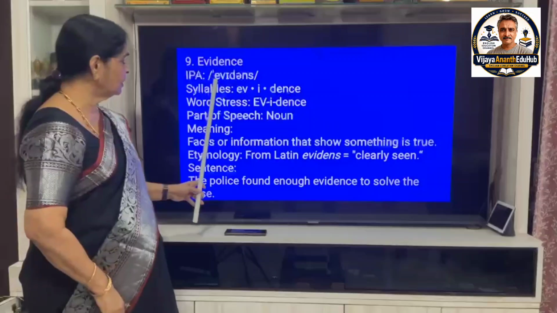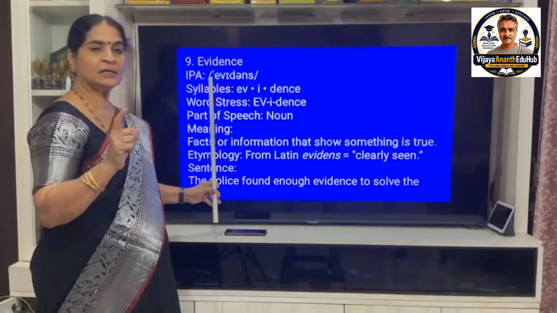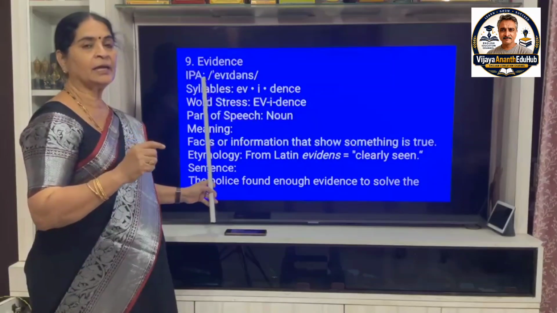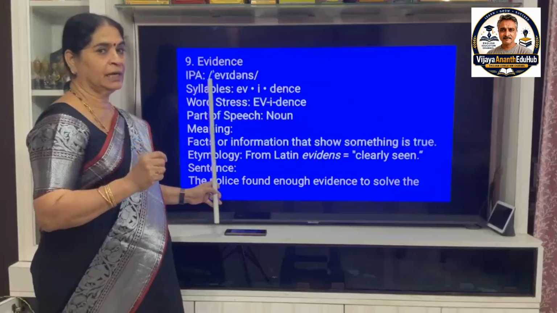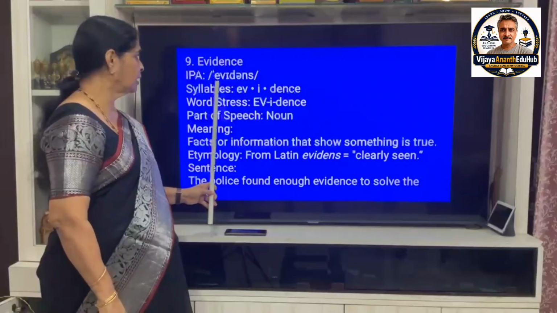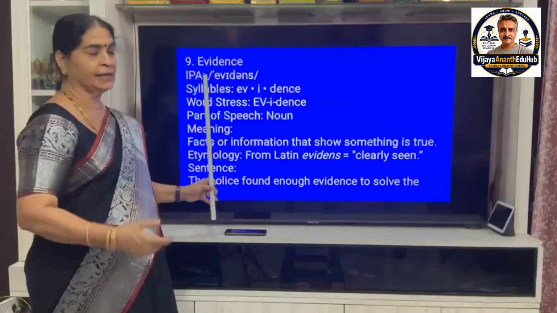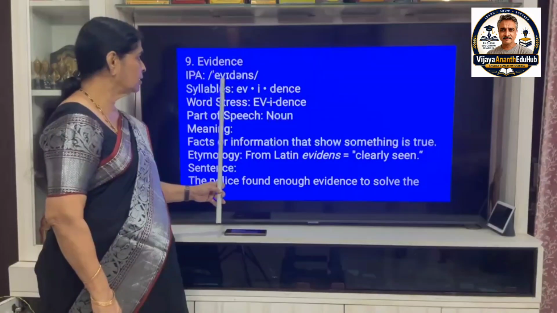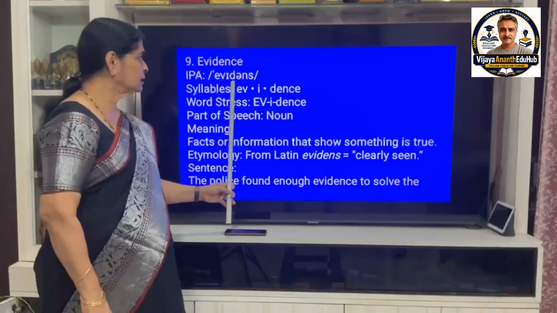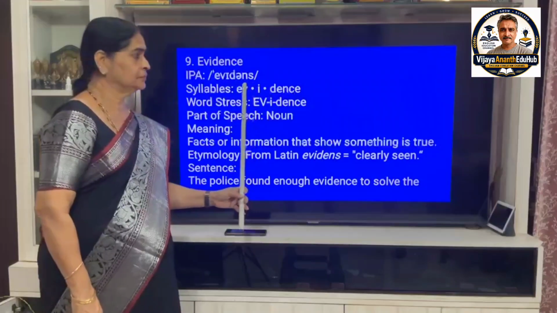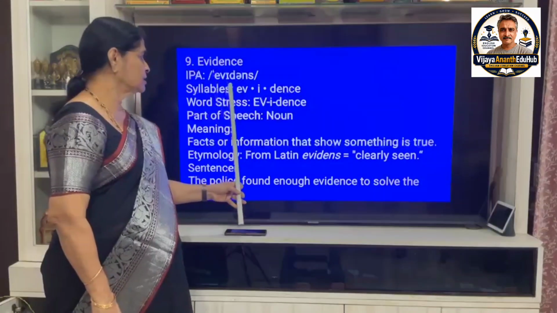Whenever you see this symbol, you must remember that it sounds like A in egg. But don't get confused because it looks like letter E. Evidence.